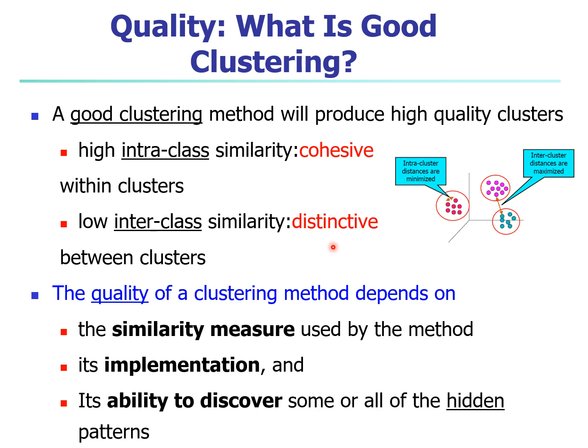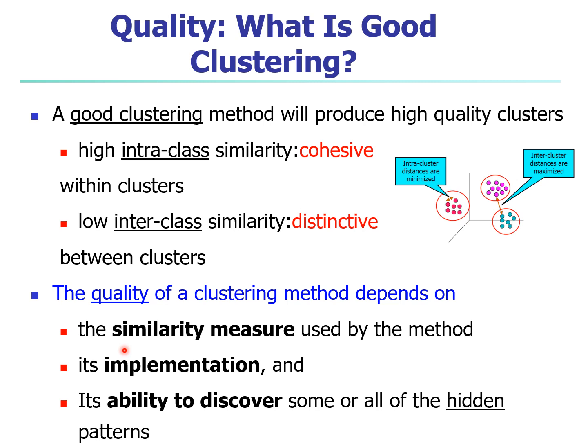So if we can identify clusters that satisfy these two conditions, this means that we actually have a good cluster. The quality of a clustering method depends on the similarity measure and the distance between objects, either within the same cluster or between the clusters.